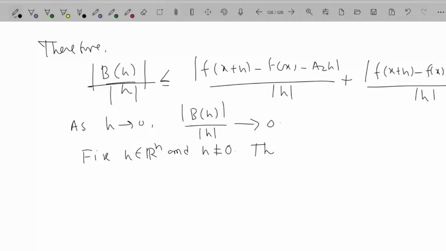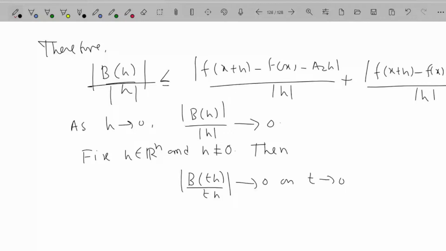B of th by mod th will map towards 0 as t tends to 0, because h is fixed but t is going towards 0. So obviously t will map towards 0. So th by th will map towards 0.